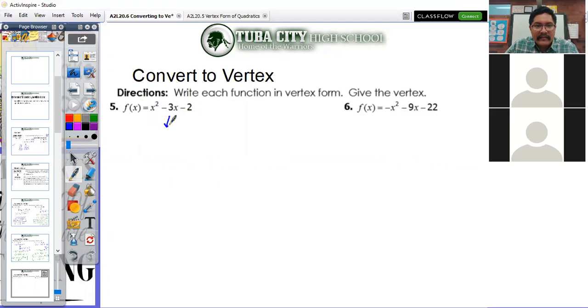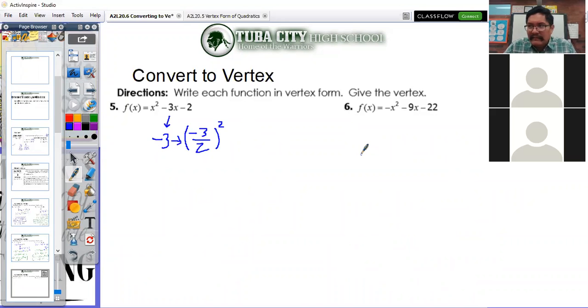So let's go ahead and take our b value. So take it, half it, and square it. Oh no. In this case, we end up with a fraction. And I'm trying to think how we can do this. Now, it'd be pretty easy to go like -1.5 and square that.